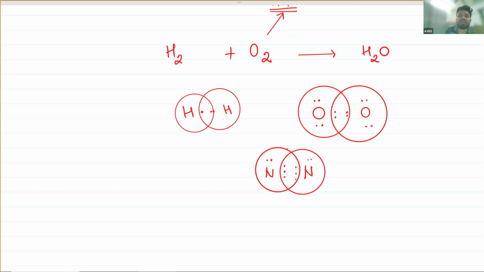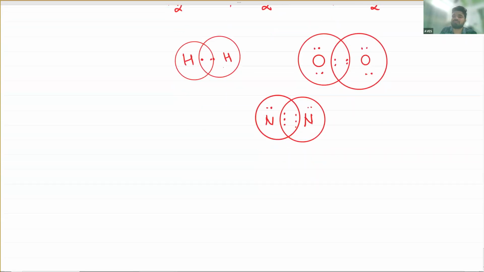So this is the reason why hydrogen exists in the form of H2, why oxygen exists in the form of O2, and why the formula of water is H2O. Simple: oxygen has only 6 electrons in its outermost shell, and hydrogen has only 1.